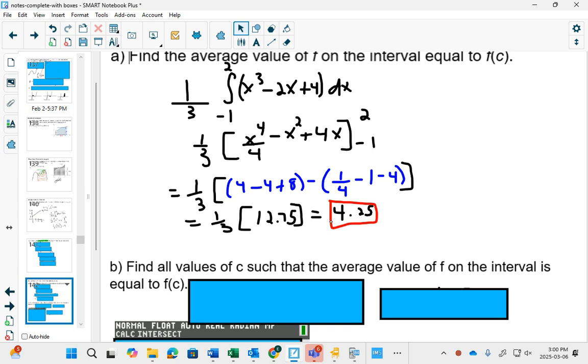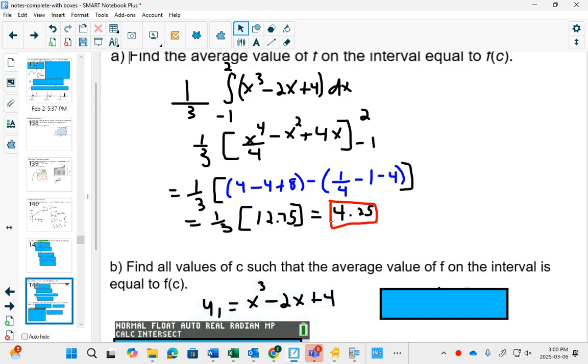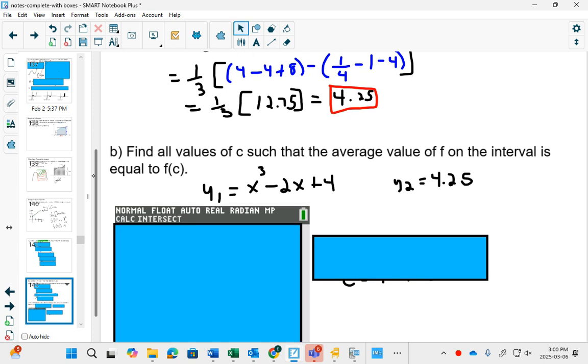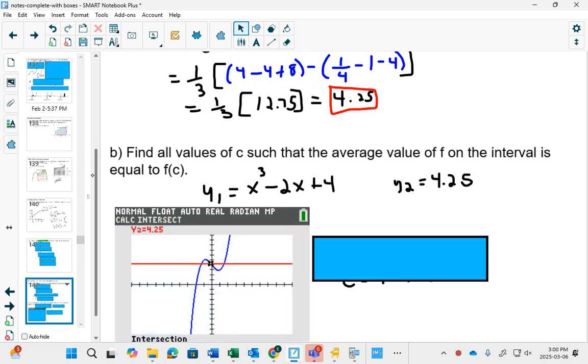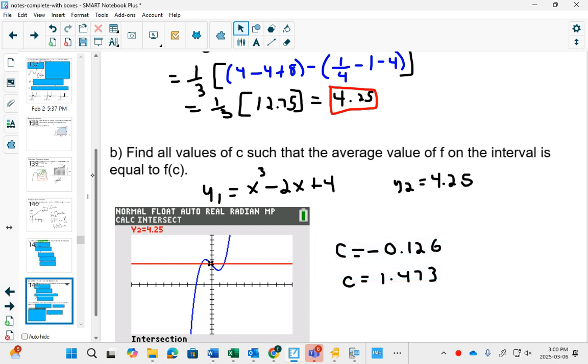And now we're going to try to find all the values of C such that the average value of f on the interval is equal to f of C. So we plug in. This was a calculator question, which it is: have our equation in y1, plug in the 4.25 into y2, and you can find all of the places that it would intersect, including at 0.